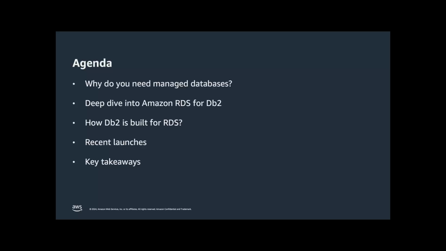Then let's deep dive into Amazon RDS for DB2, the features and the capabilities. Moving on, we'll focus on how DB2 is built for RDS, what the specific features are, and how the collaboration between AWS and IBM works with this particular service. Finally, we'll wrap it up with some recent launches and some key takeaways from the session.